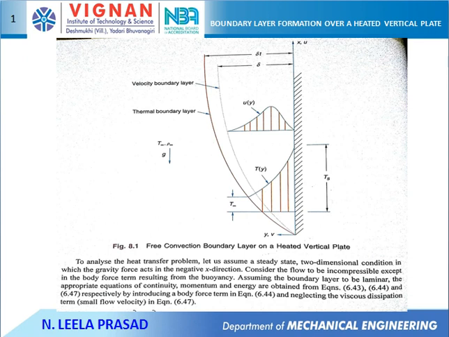In between, the velocity is greater than 0, and reaches maximum at some place between the surface and boundary layer thickness. Here delta represents thickness of velocity boundary layer, delta T represents the thickness of thermal boundary layer.